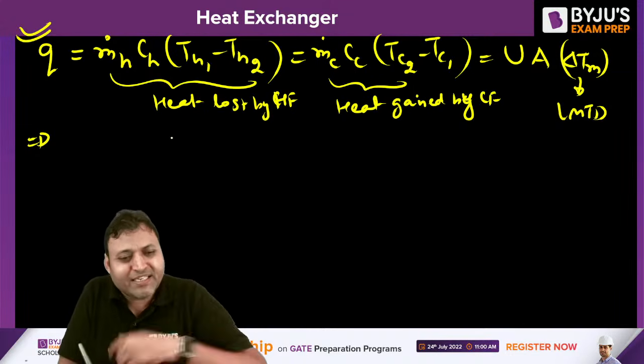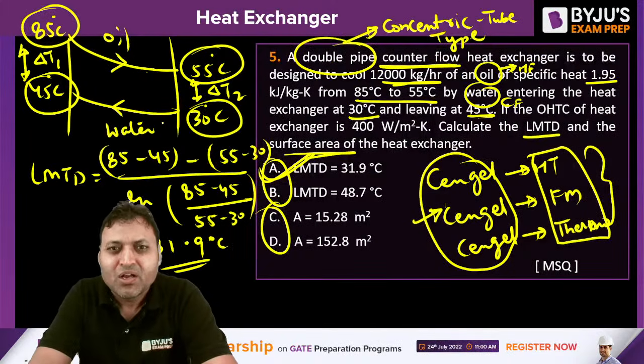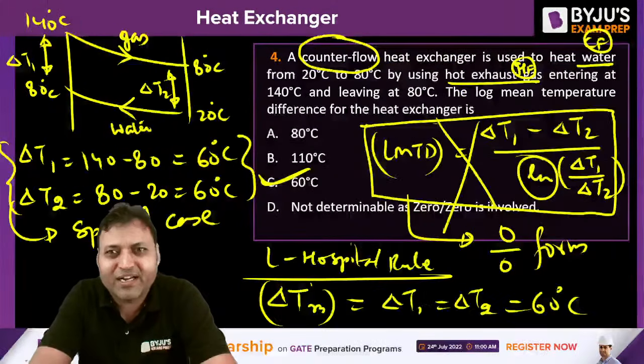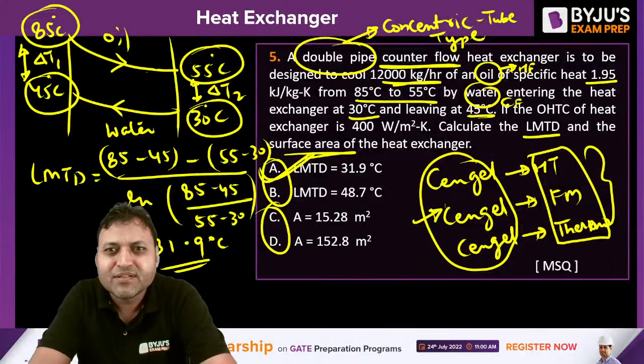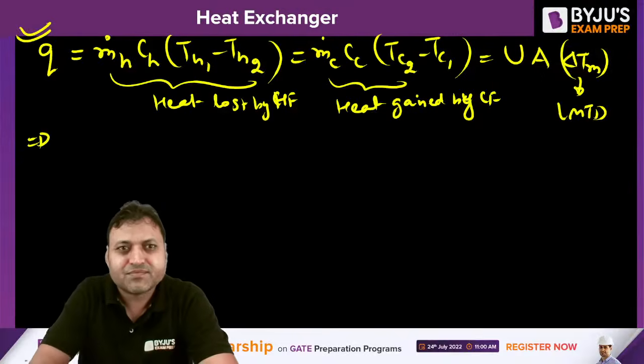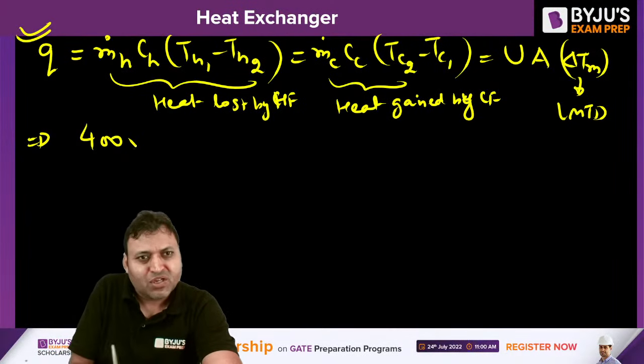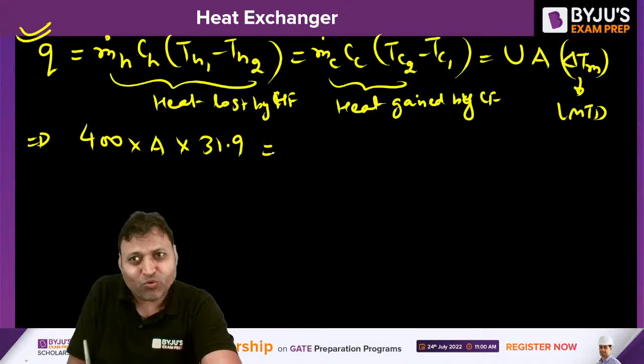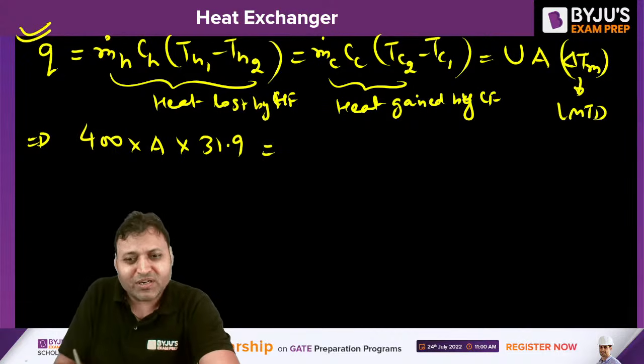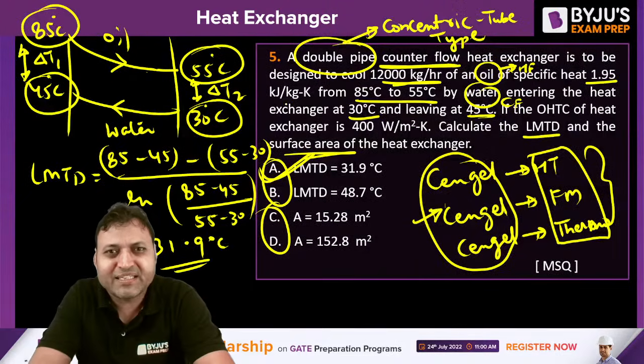So what is U given? U is given as overall heat transfer coefficient, 400, into area into 31.9 is equal to m dot c. We can use m dot Ch also.